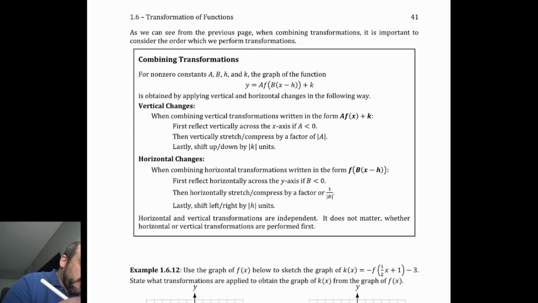So the vertical transformations are the a and the k. Those are going to determine what kind of vertical transformations your graph is going through. A being multiplied by your function f of x is going to be a vertical stretch or compression.